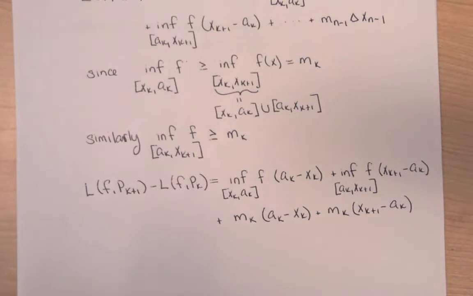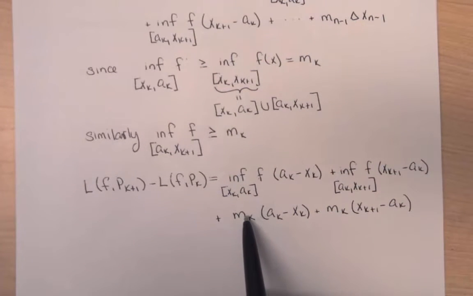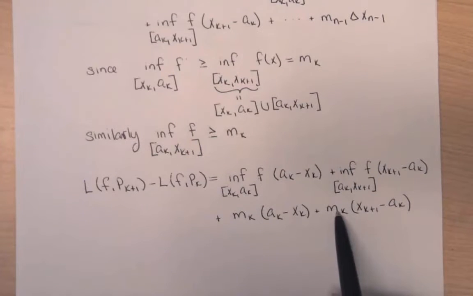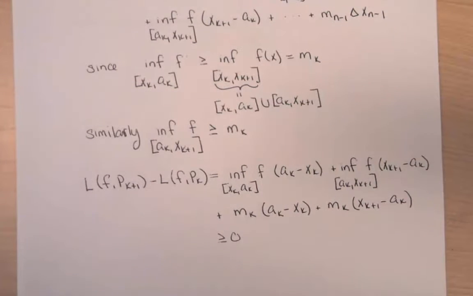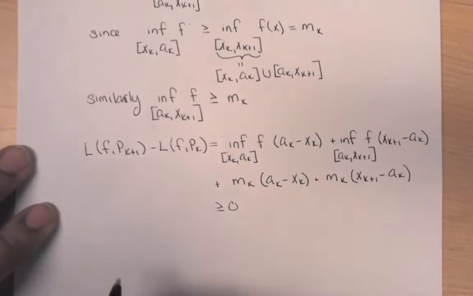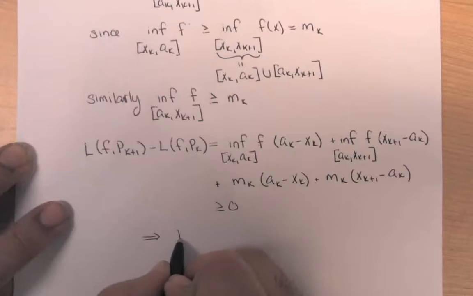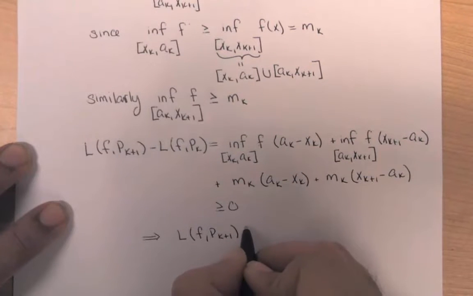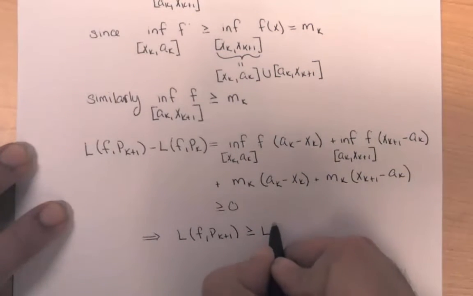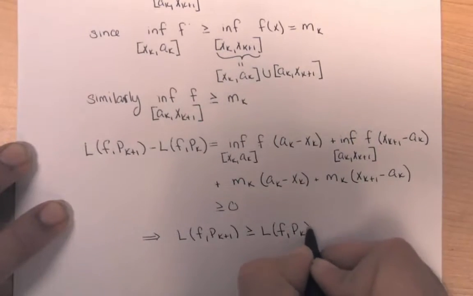Right? Every other term agrees and is therefore 0 once I subtract. Because this is greater than this, and this is greater than this term, this is greater than or equal to 0, which implies that if I refine by 1, I get a greater than or equal to lower sum.